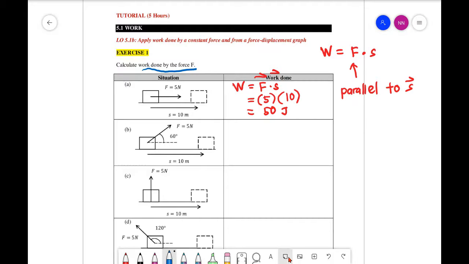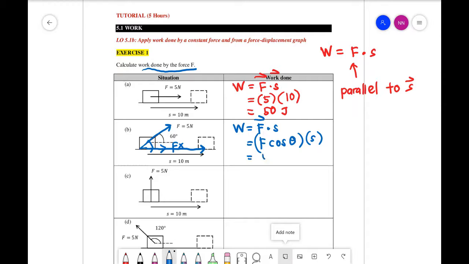For B, the displacement is in this direction, and the force is tilted, so the force is not parallel to the displacement. We have to determine the component of force which is parallel to displacement, which is Fx. We use work done equals F dot S, where F should be parallel to displacement, so it is Fx or F cos theta.